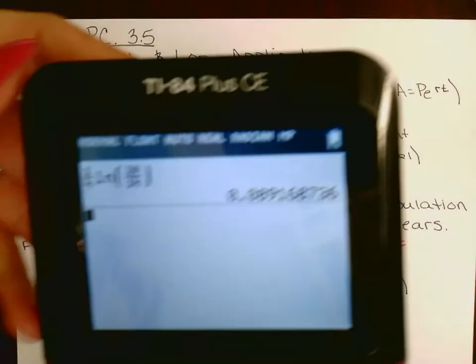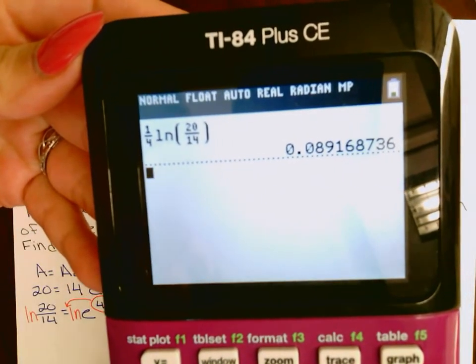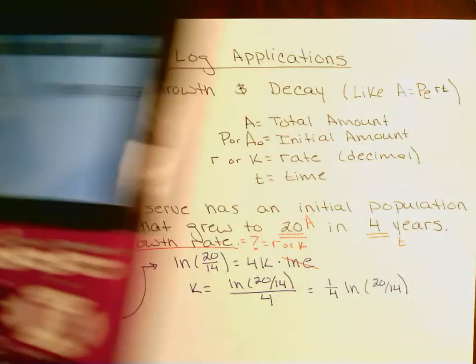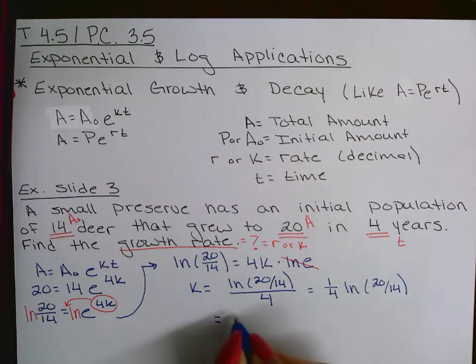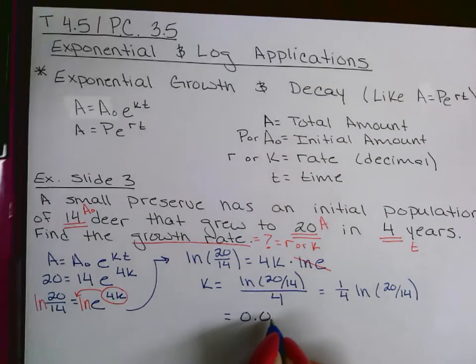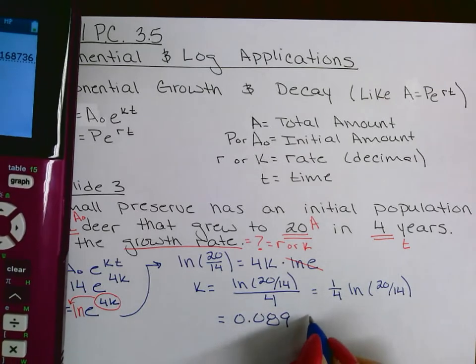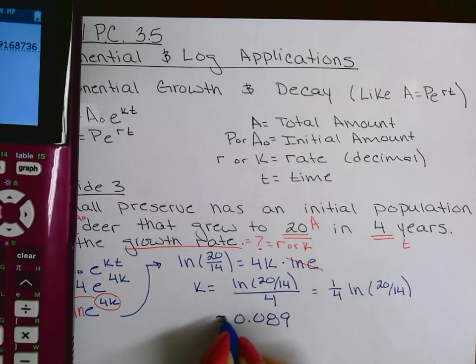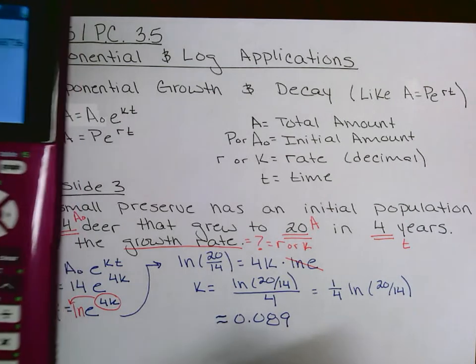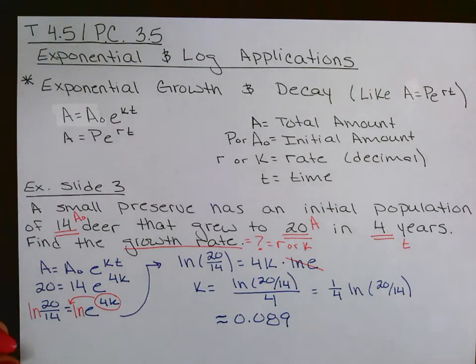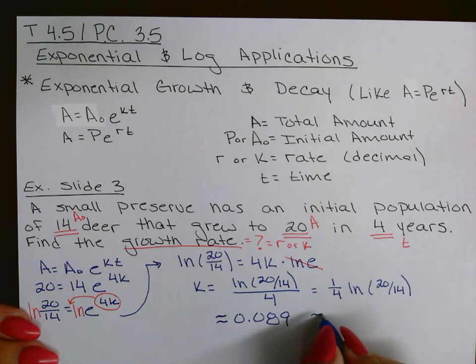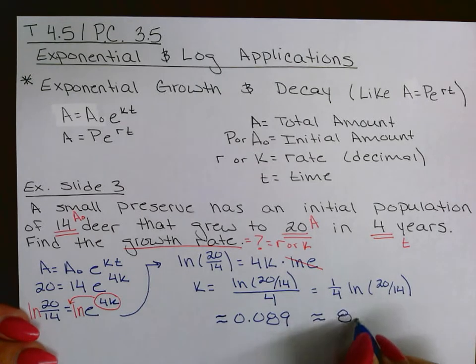So when you put that in your calculator, it should look like this. Make sure you are in radian mode. So you get that k is 0.089. And remember, actually I'm going to put an equivalent sign because I am taking off some decimal points from my calculator. And what would that give me as a rate, as a percentage? 8.9%.